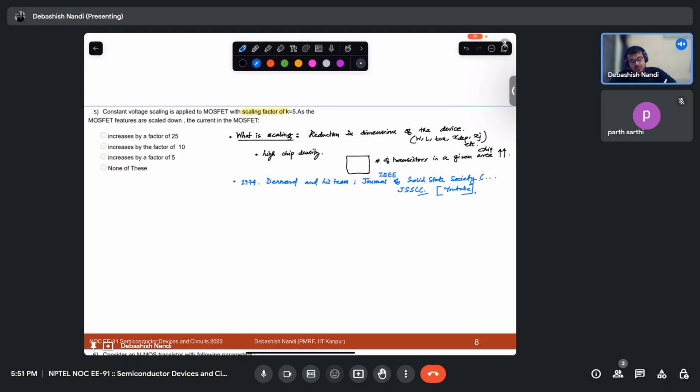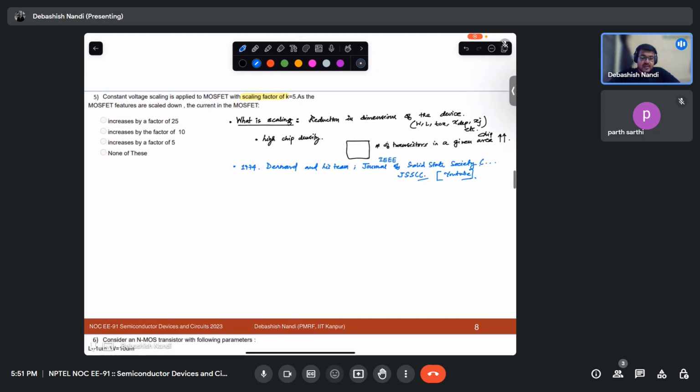Okay. So they actually for the first time proposed how we should go about thinking about scaling. Based upon this paper, you will find there are multiple scalings. The very famous one is constant electric field scaling.